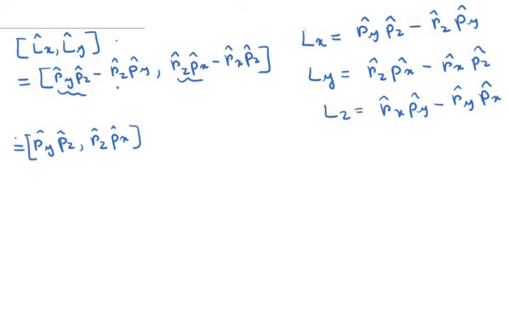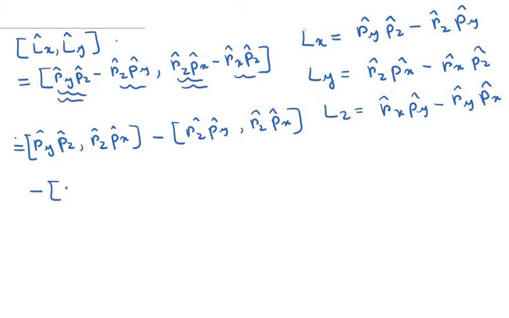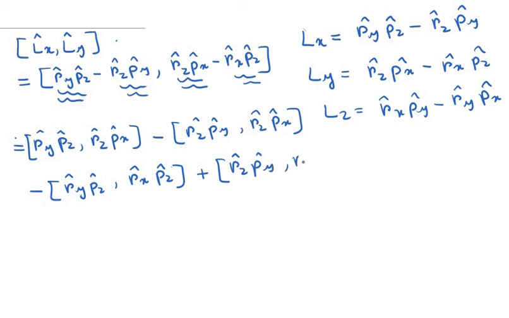Commutator of this multiplied by this with this one, which is minus Rzpy, Rzpx, minus this one with this one, which is ry pz, rx pz, plus this one with this one, which is rz py, rx pz.